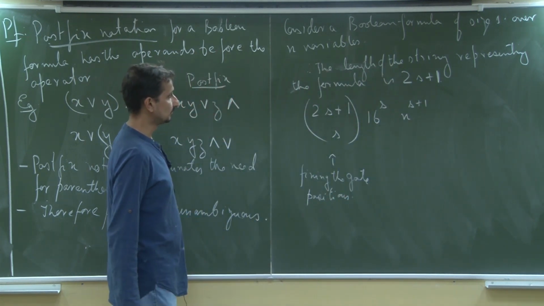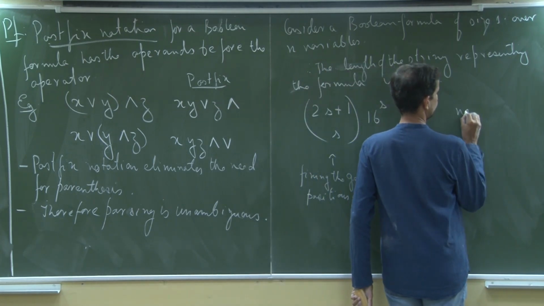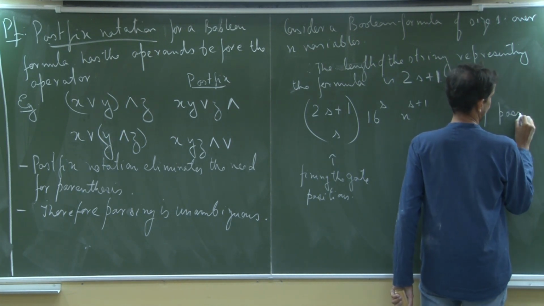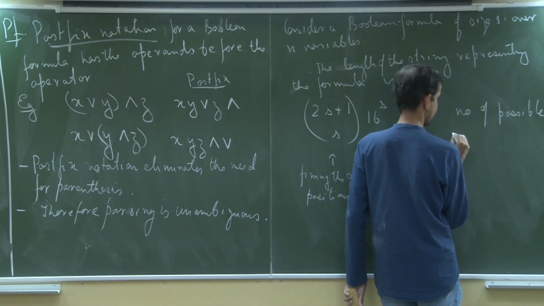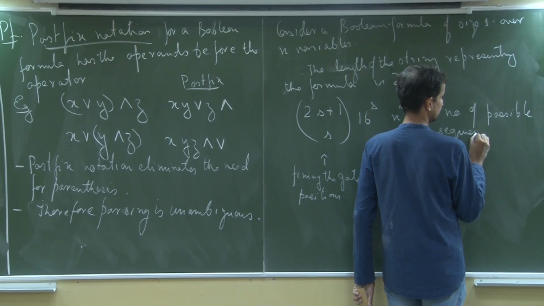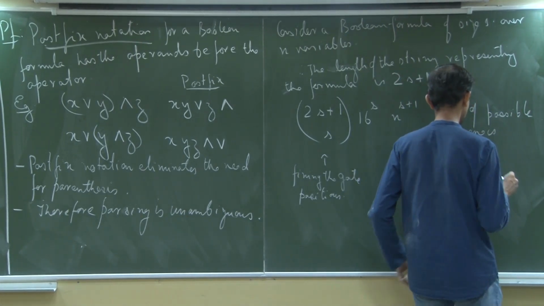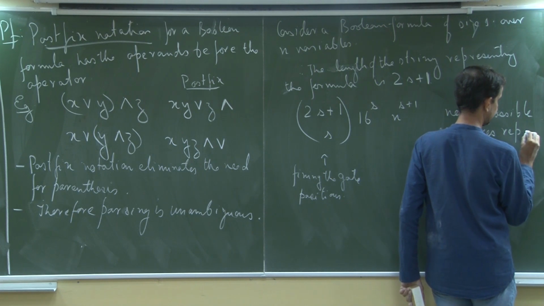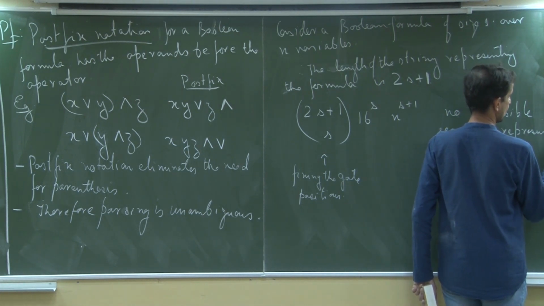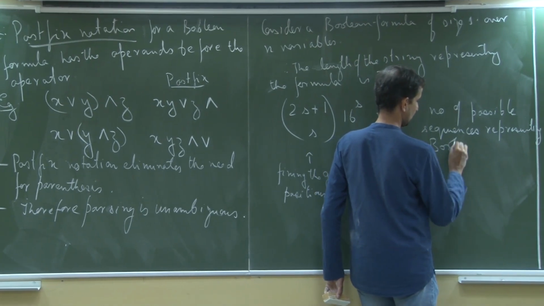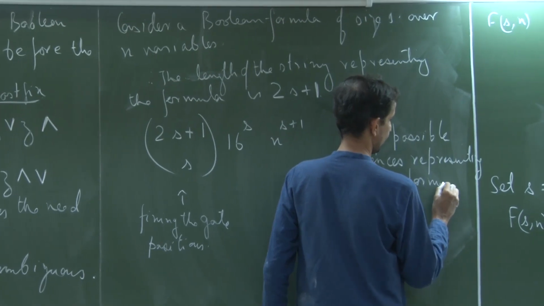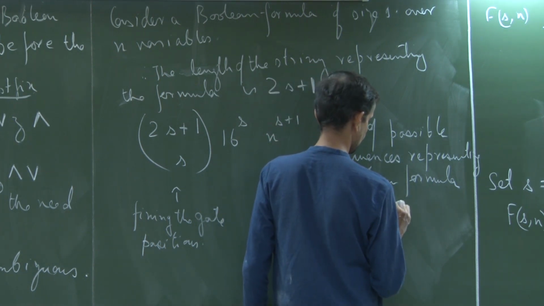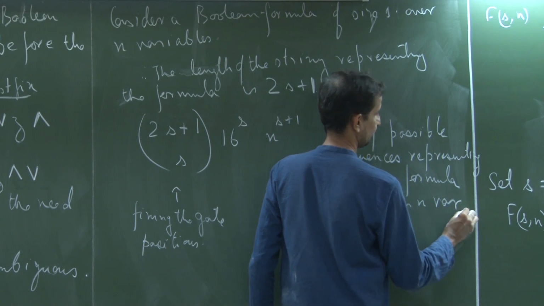Okay. So, this is the number of possible sequences representing a Boolean formula of size S over n variables.